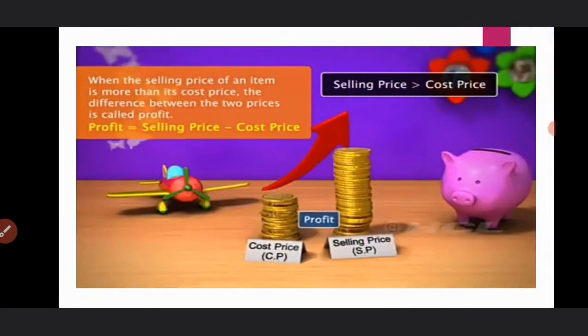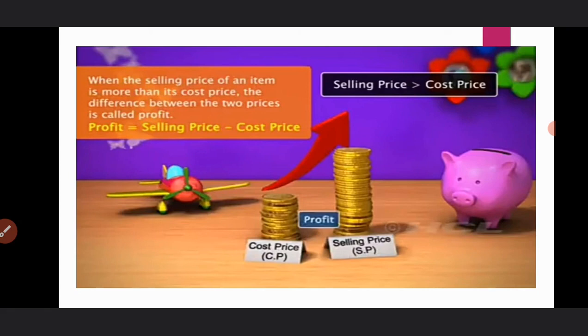Now, how do we conclude whether we are in a profit or loss? Just to understand this concept, let us deal with this fact. In case the amount at which we bought the product, that means the cost price, is less and its selling price is more, then we say that we have a profit.